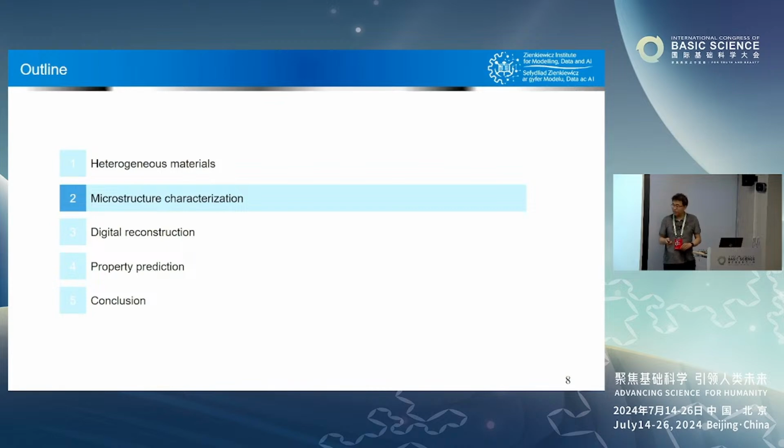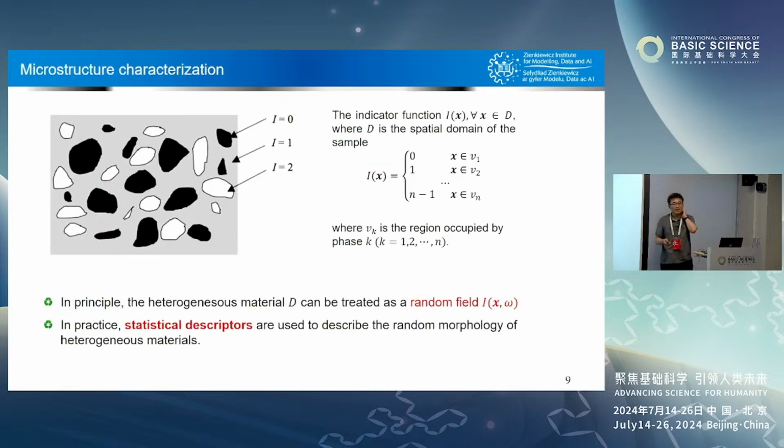We start with the easiest one. We call that the representation of heterogeneous material. So simple diagrams show what heterogeneous material is like, or what all materials look like. Black and white, randomly distributed across your medium.